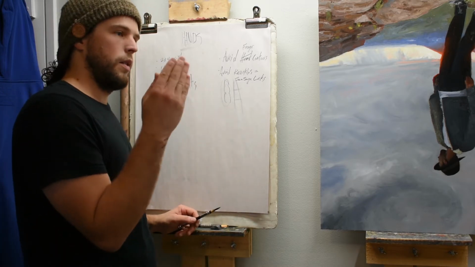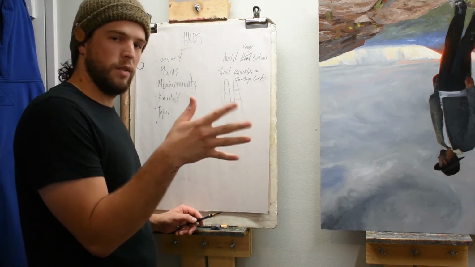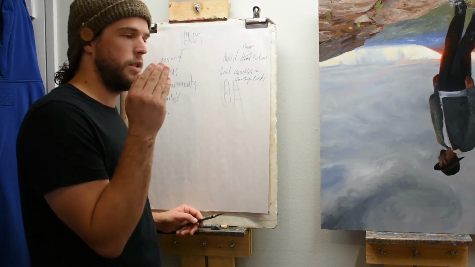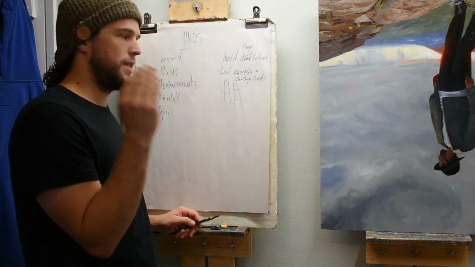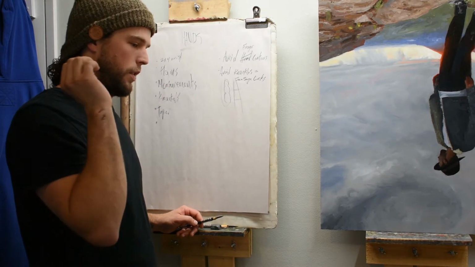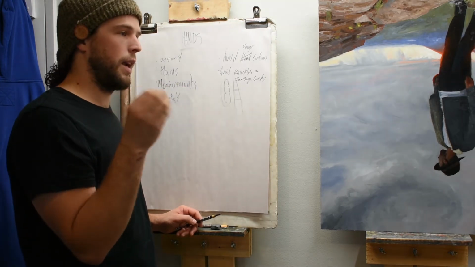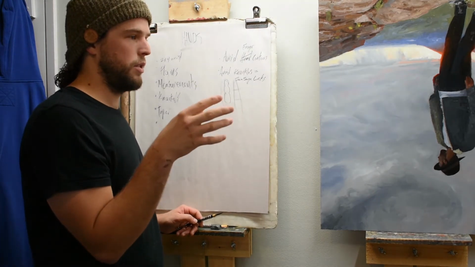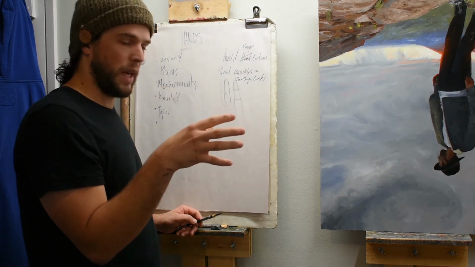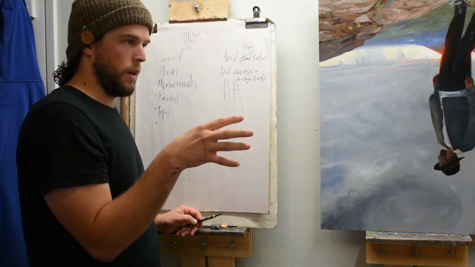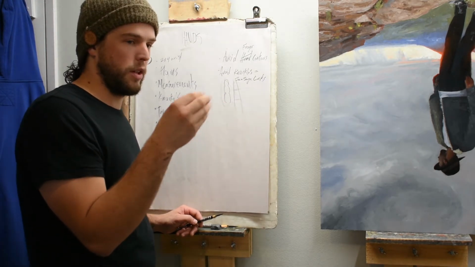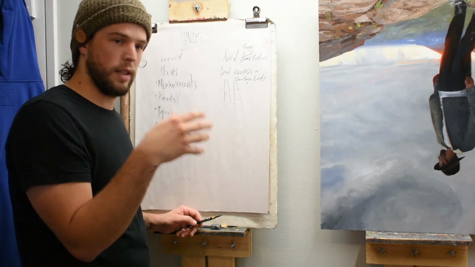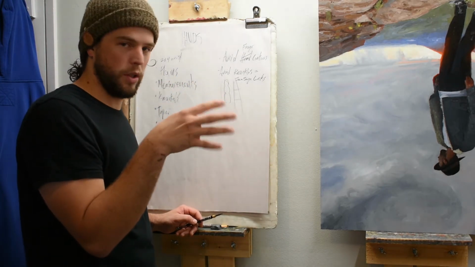Hands. Less is more when you're drawing hands. Try to describe and state the gesture, the visual impact of that hand, with as little information as possible. If you look at a lot of master drawings or master paintings, from anyone, I think Sargent is a great example. If you look at the hands he draws, it's a few brush strokes.